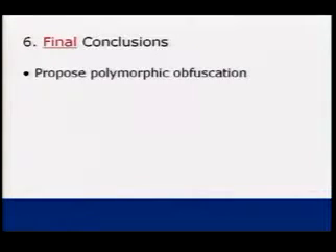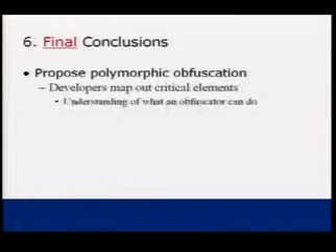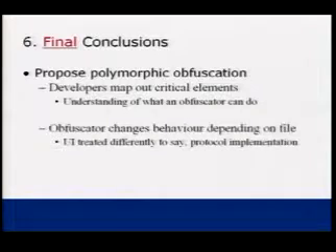It's not just a fancy term, it's you need to engage the development team if you want your code not to be easily reverse engineered and have a heavier hurdle of obfuscation, and map out the critical elements. Then you understand what an obfuscator does, and different elements of the application will be obfuscated in a different way because you'll be feeding different algorithms to it. That's where polymorphic comes in as a notion.